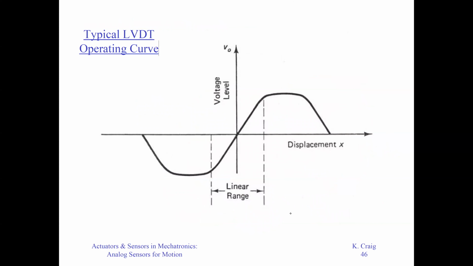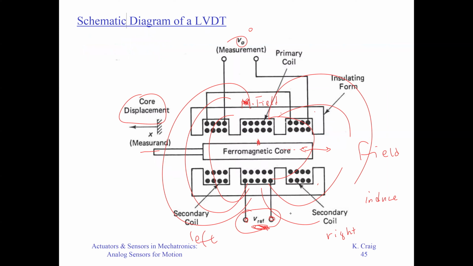If I go left, I'm going to have something like this. If I go right, I have something like this. These are the voltage levels we'll be seeing here, VO.